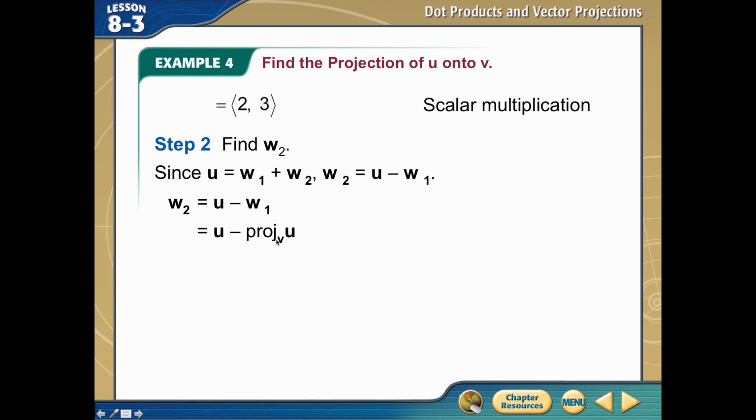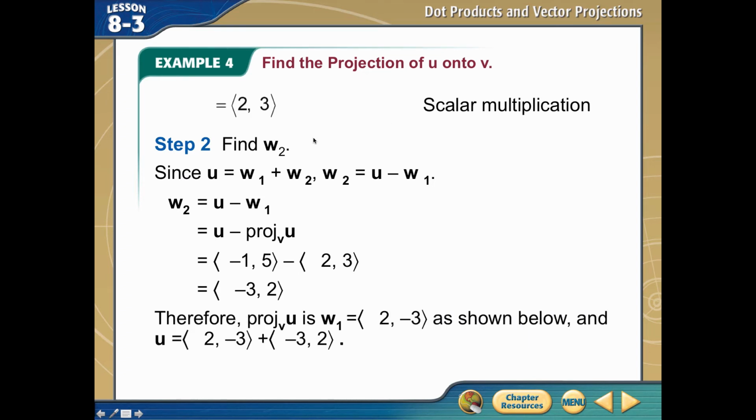And w1 is the projection of u onto v. So u was negative 1, 5. And w1, or the projection of u onto v, is vector 2, 3. Negative 1, 5 minus 2, 3 is negative 1 minus 2 is negative 3. 5 minus 3 is 2. So w2 is negative 3, 2.